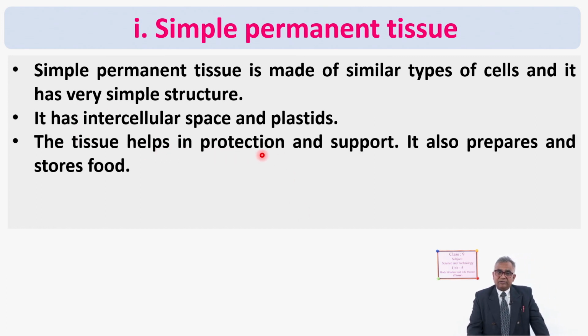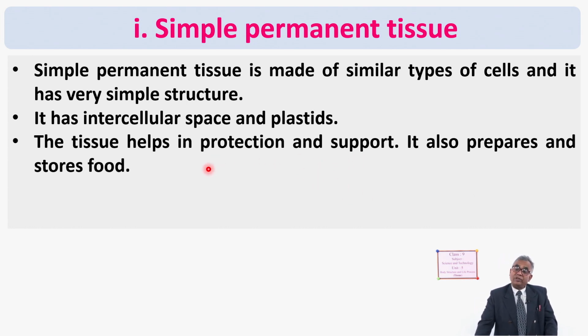The tissue helps in protection and support because there are some rigid cells also. They provide protection and support, and because they have plastids, they help in preparation and storage of food. That means they prepare and store food.